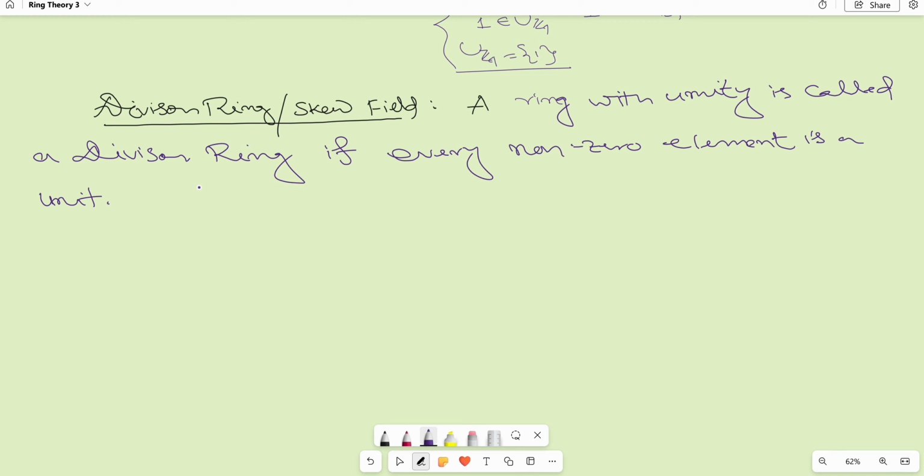What are the examples we have seen earlier, where every non-zero element is a unit? Examples are Q with plus and dot, and R with plus and dot.